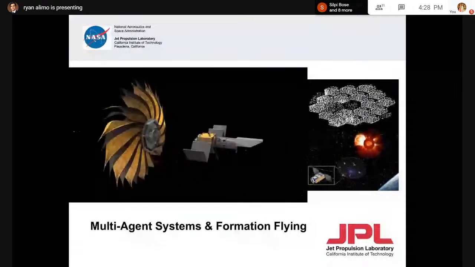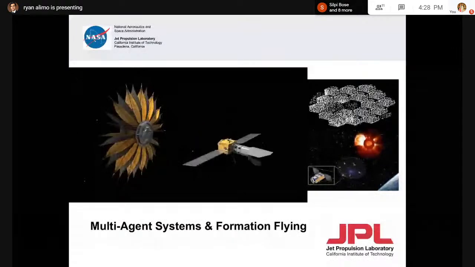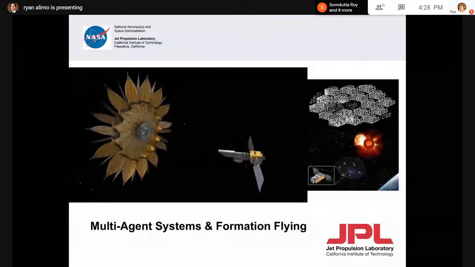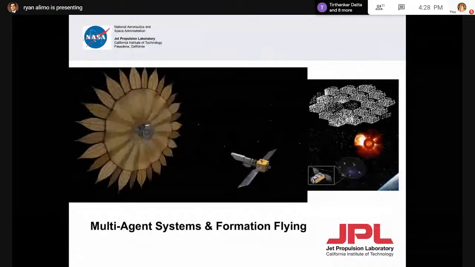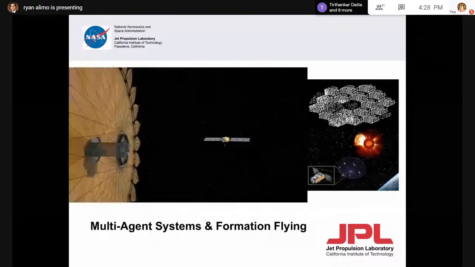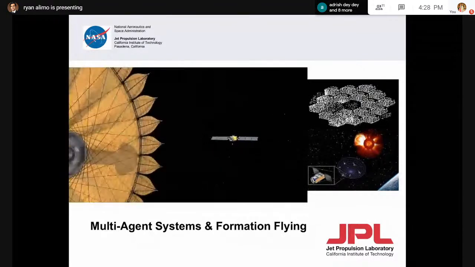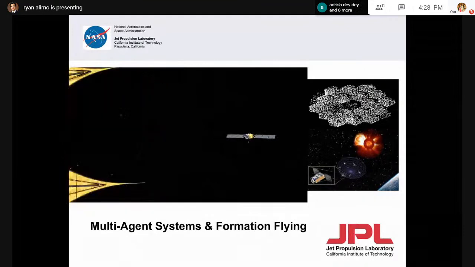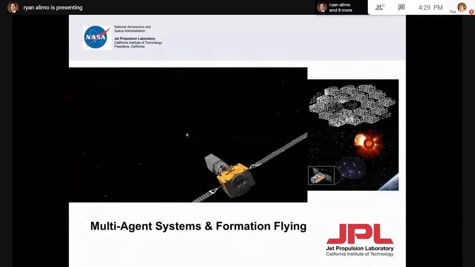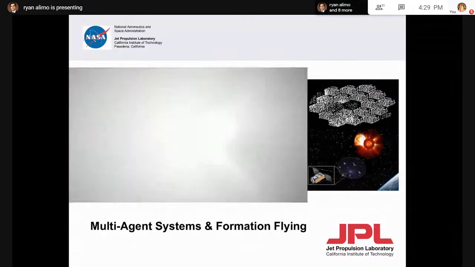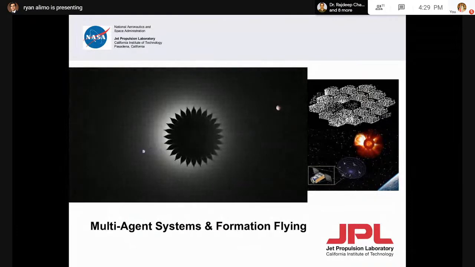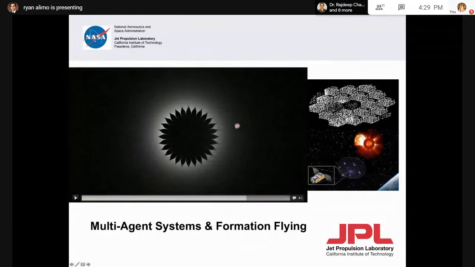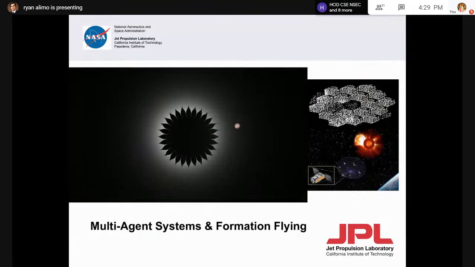One would be a telescope, and the other is going to cover a very distant star. These two are thousands of kilometers from each other, and you need a very accurate relative pose to be able to identify exoplanets, the planets that are outside our solar system.